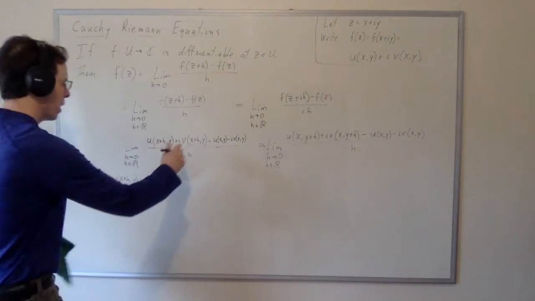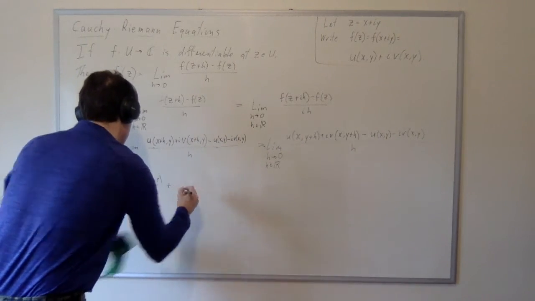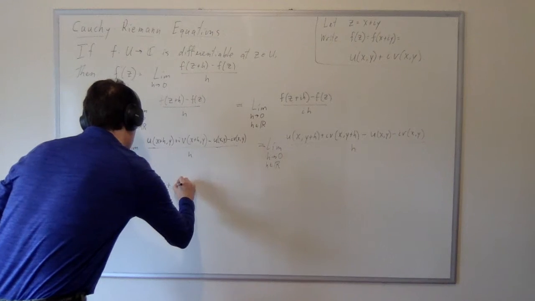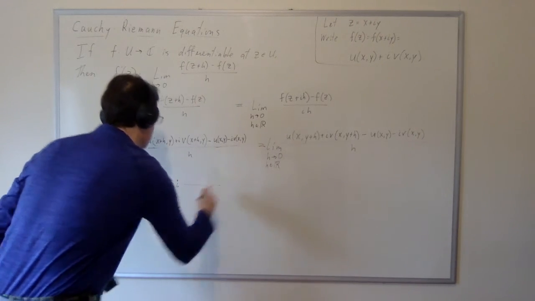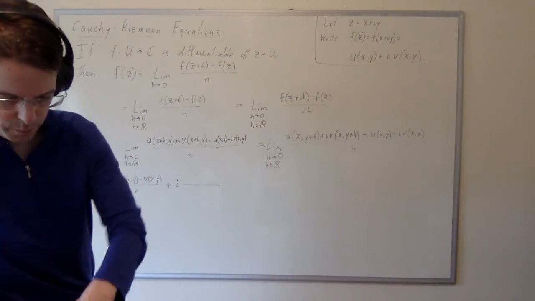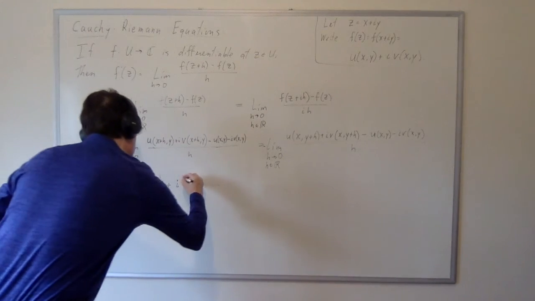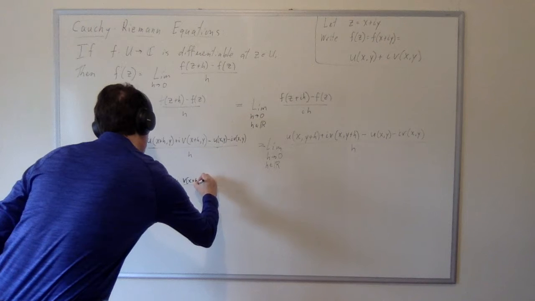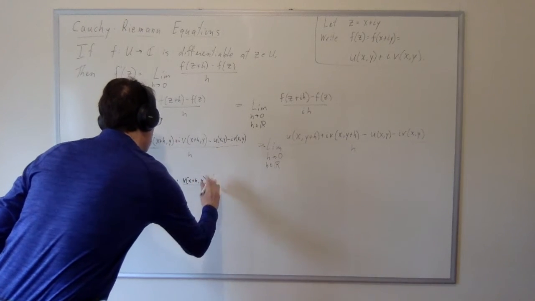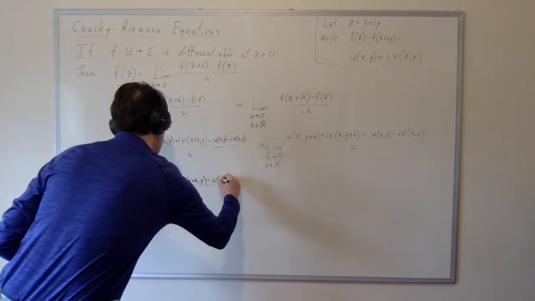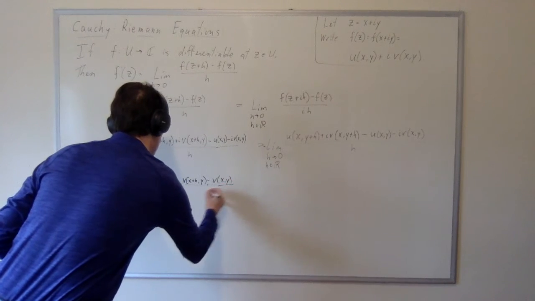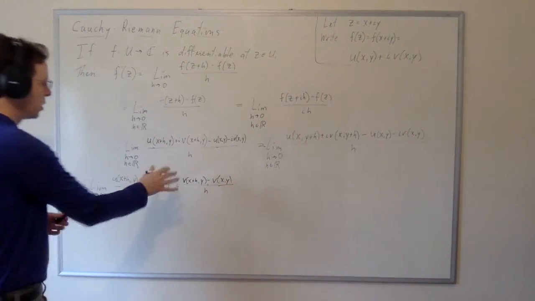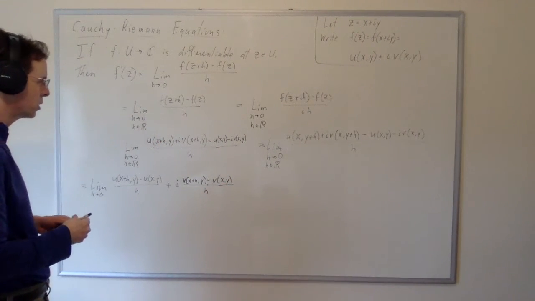And then we furthermore have plus i times the fraction v of x plus h comma y minus v of xy. So I'm separating out the real and imaginary parts and separating this fraction.